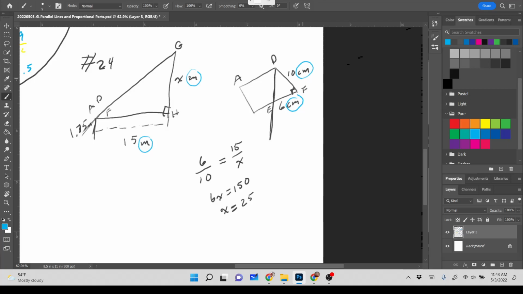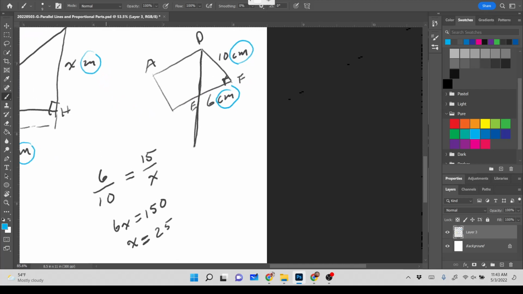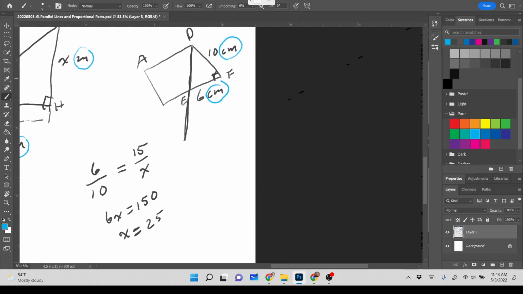So if we converted all the meters, it would be 1/10 of a meter, and this is going to end up with the same number if I'm not greatly mistaken, and we're still going to have a problem. So let's see if I'm right. So we would end up with 0.06 over 0.1 equals 15/x.